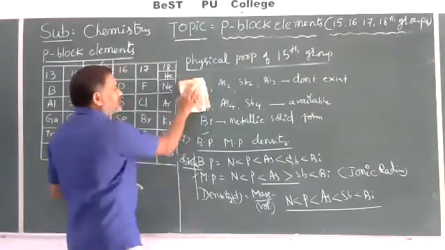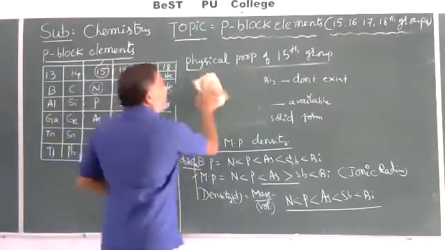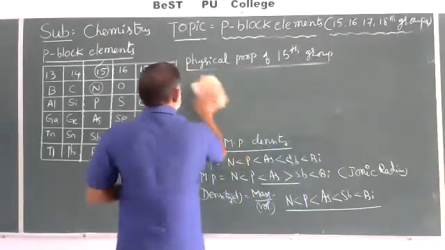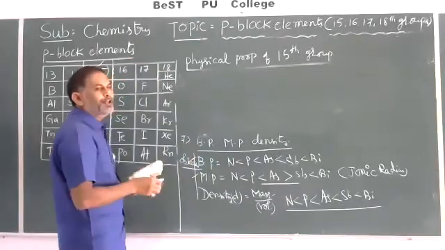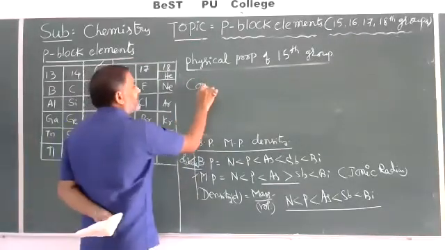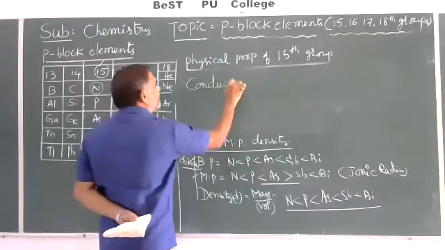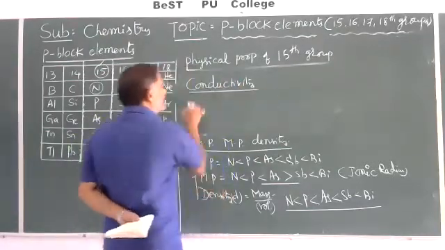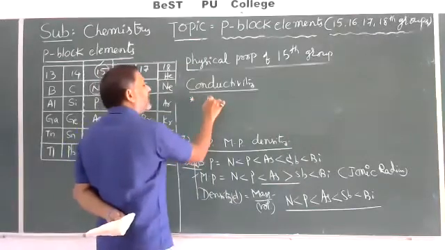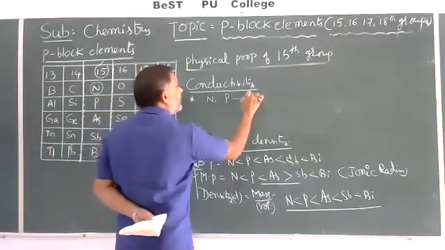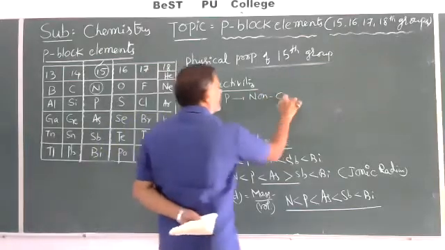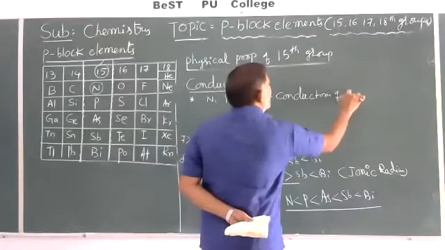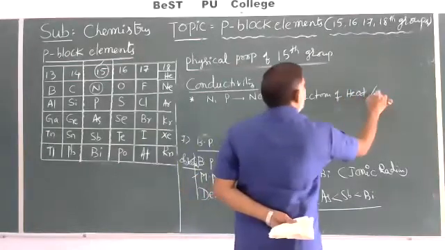The next one is the conductivity of 15th group elements, based on their metallic and non-metallic characters. Nitrogen and phosphorus are non-conductors of heat and electricity.